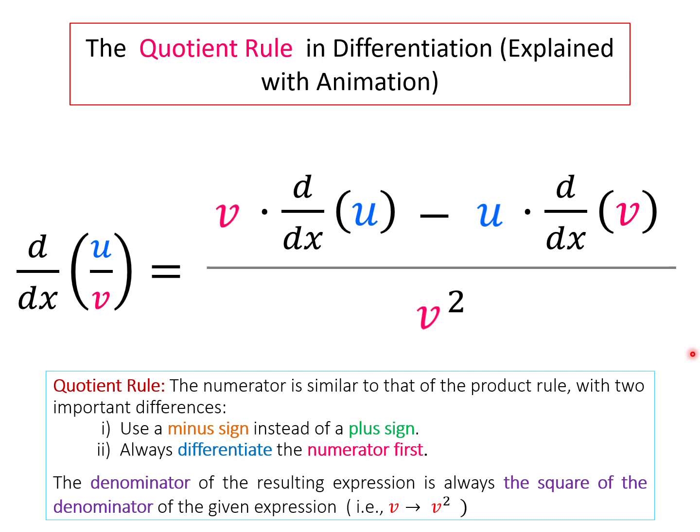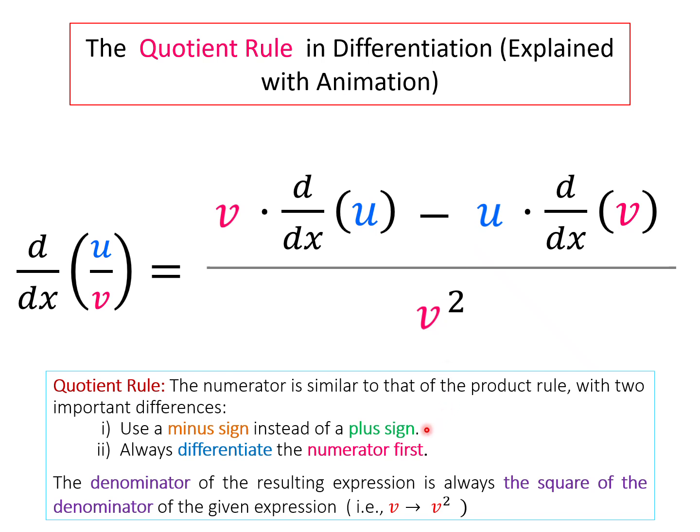Each term we differentiate, and in between we place plus sign here. But in quotient rule, instead of plus sign, we put minus sign here. We have to put minus sign. So this is one point to be remembered.